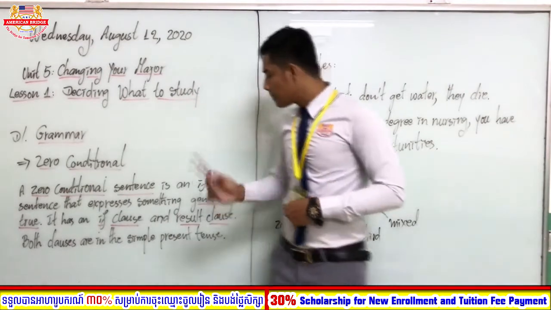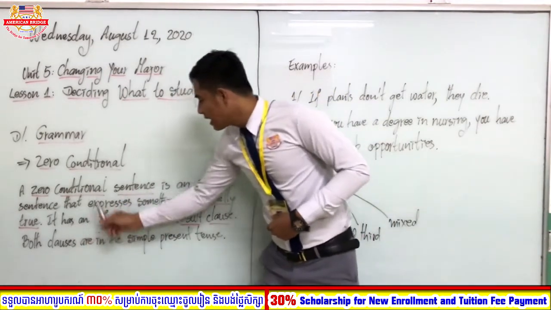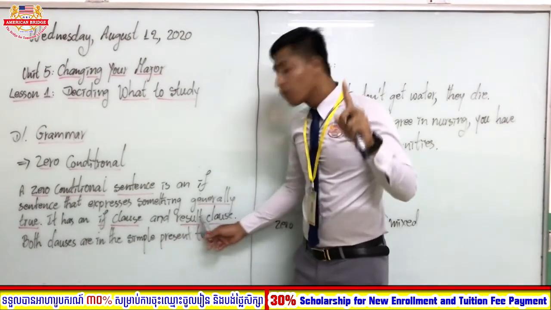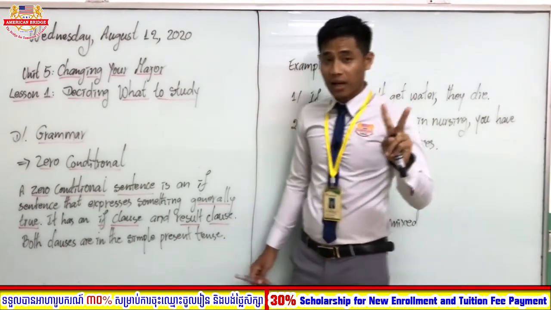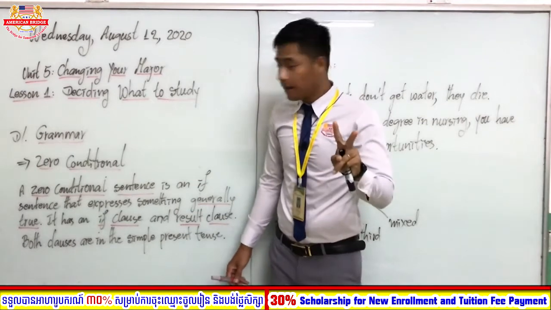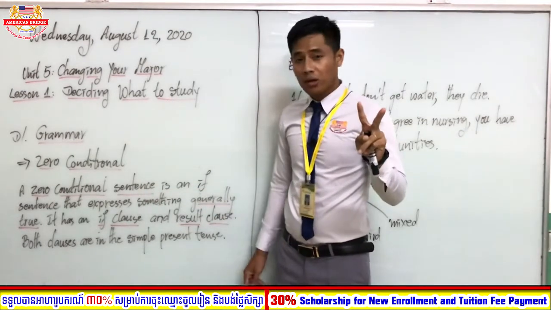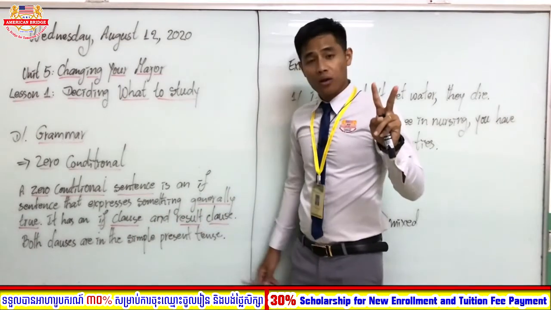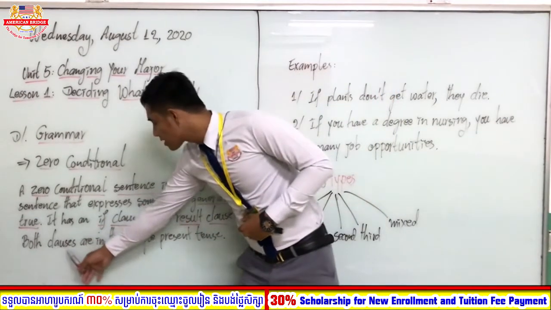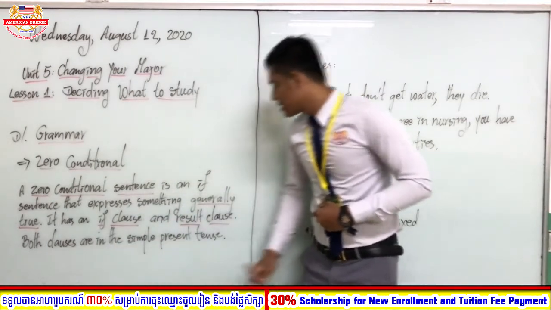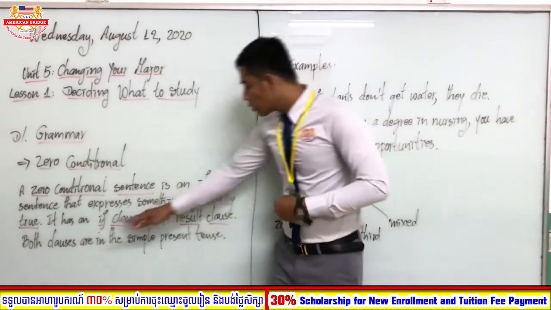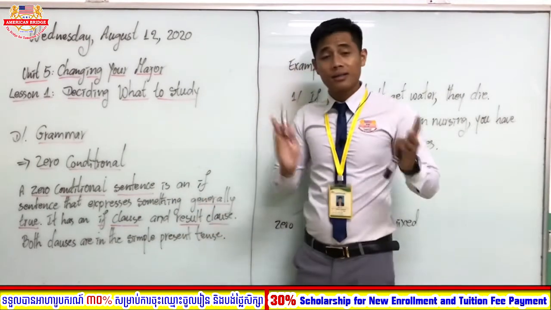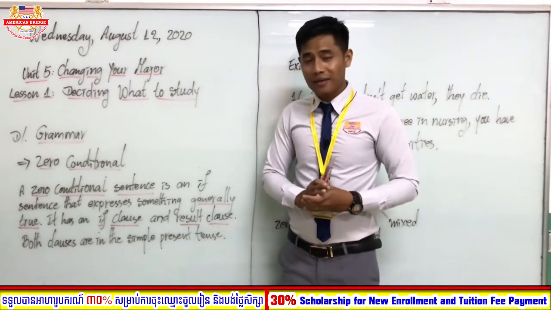It has an if clause and a result clause. So how many clauses are there? There are 2 clauses in zero conditional: the if clause and the result clause. Both clauses are in the present tense. So the if clause is in the present and the result clause is also in the present.